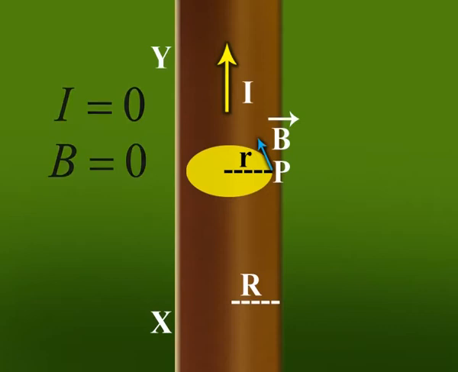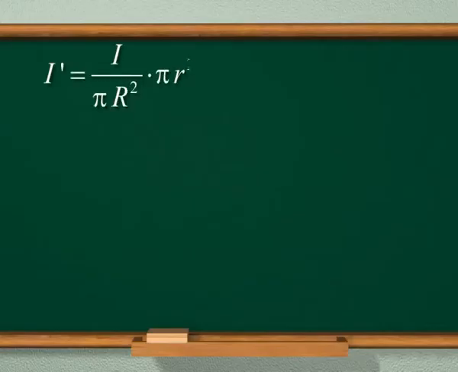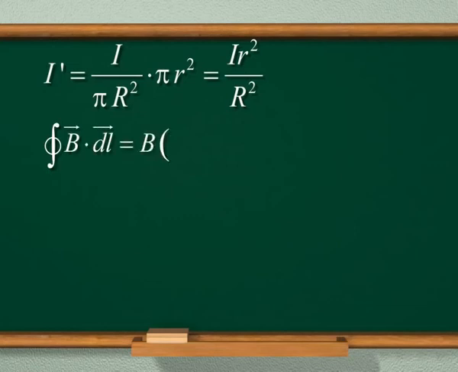Second possibility is if the current is uniformly distributed throughout the cross section of the conductor. Then the current through closed path is given as I dash equal to I upon pi R square into pi small r square, which is equal to I small r square upon capital R square. Then line integral of B around the closed loop is equal to B into 2 pi r.